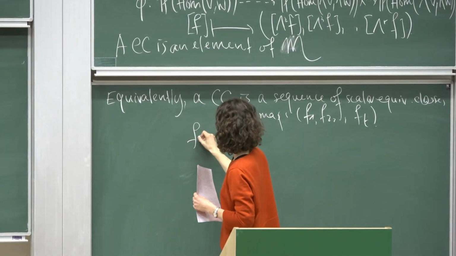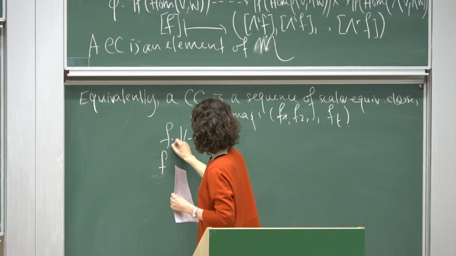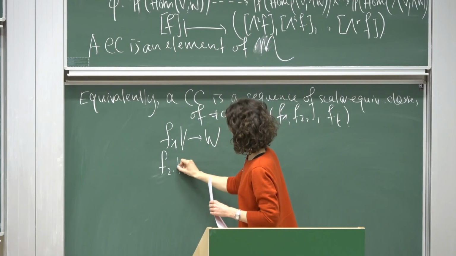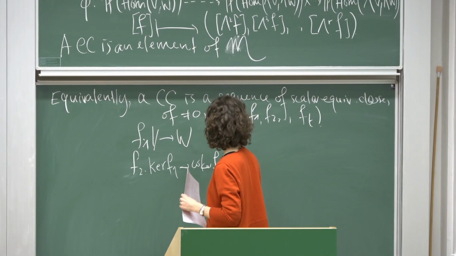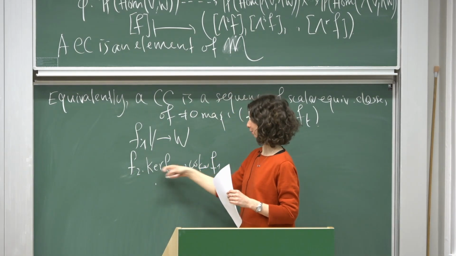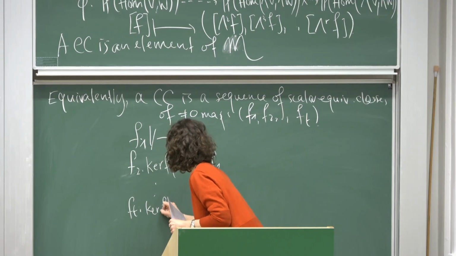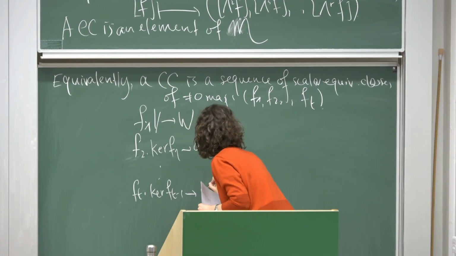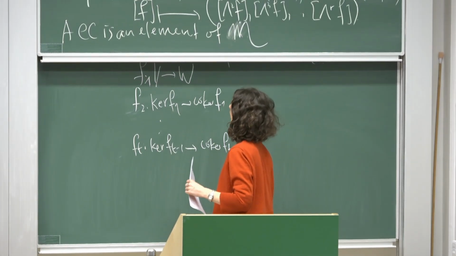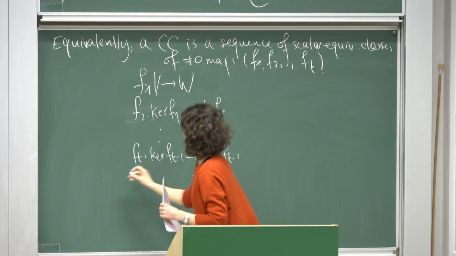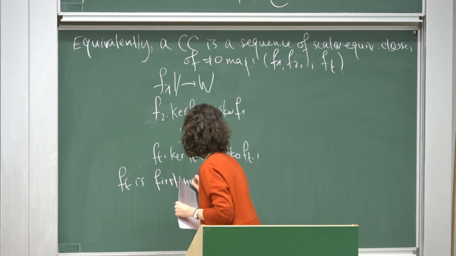F is our initial map from V to W, and then F2 is a map from the kernel of F1 to the co-kernel of F1, and then F3 is a map from the kernel of F2 to the co-kernel of F2, and so on, until Ft, which is a map from the kernel of Ft minus 1 to the co-kernel, and Ft is the first non-degenerate map.